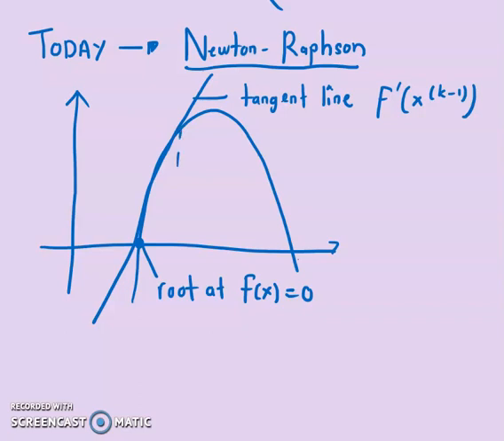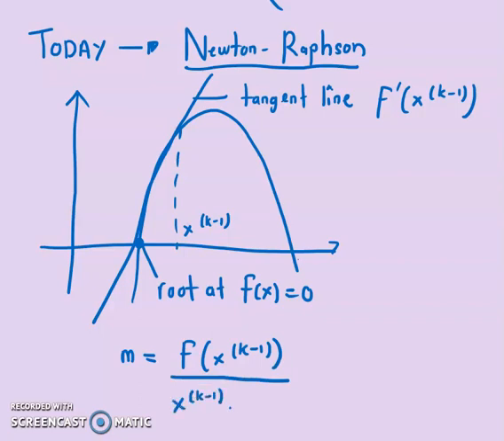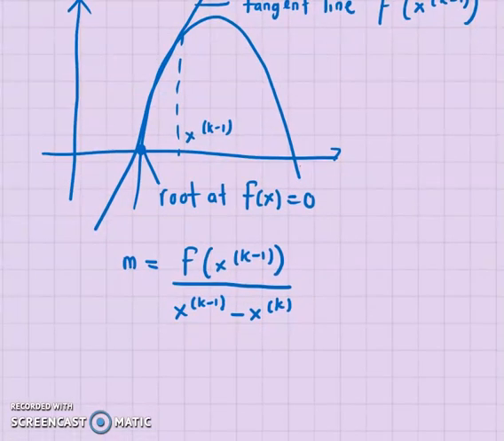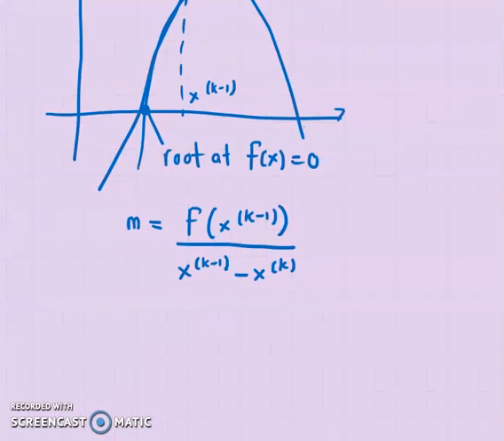If this is my x at k minus 1, this is the idea of the Newton-Raphson method. Now, if you recall, the slope of the tangent line is given as f of x_{k-1} over x_{k-1} minus x_k. So we want to rearrange.